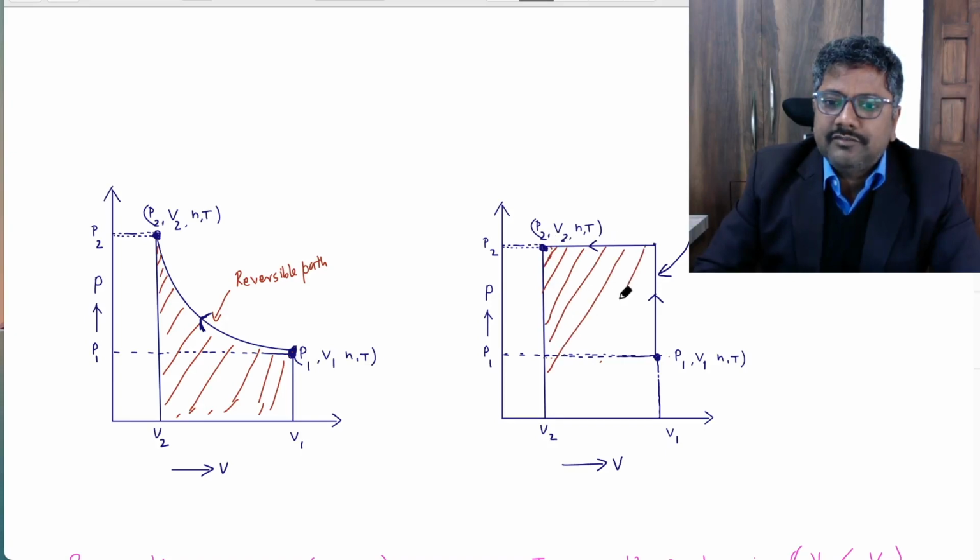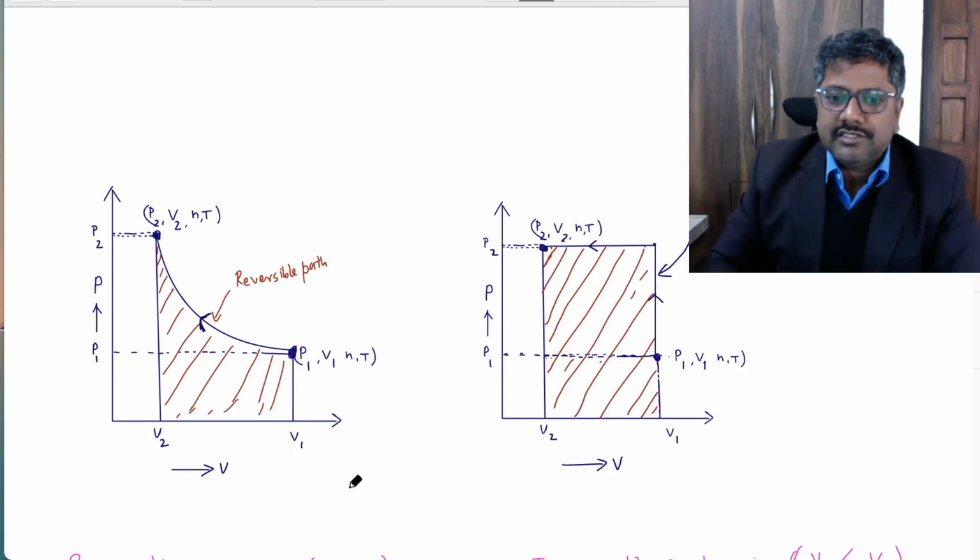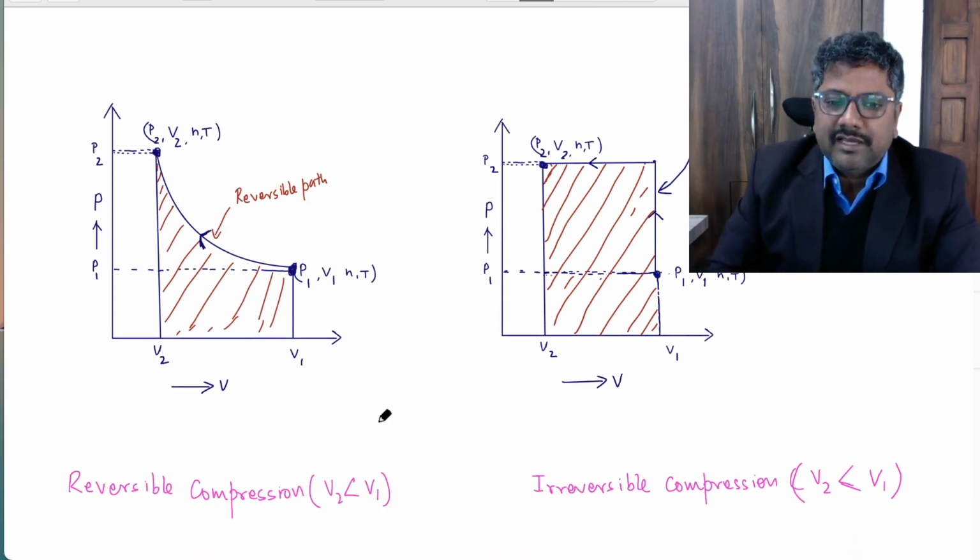So this time if you compare the work, the magnitude of work in the reversible process is less than W irreversible.